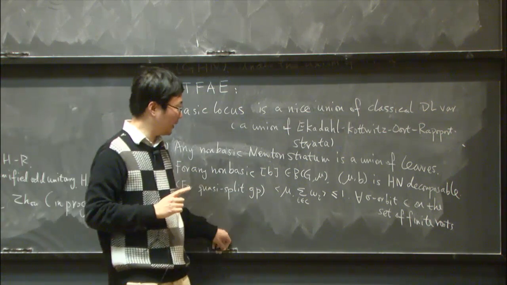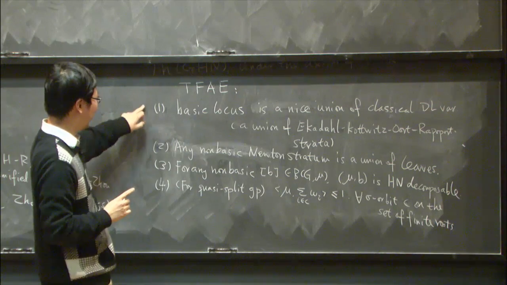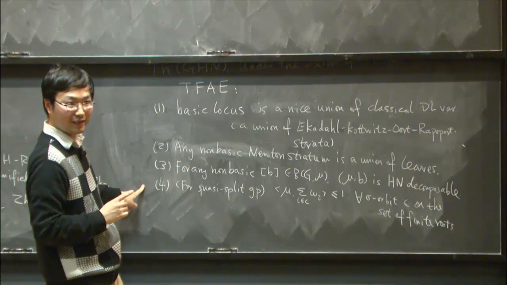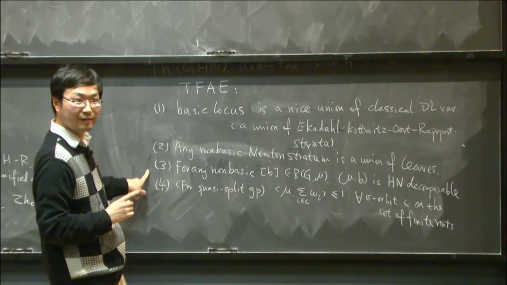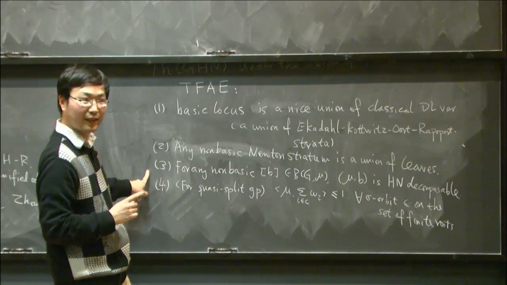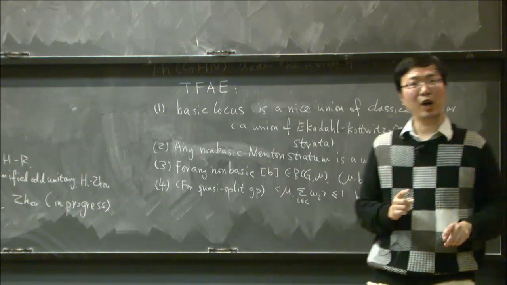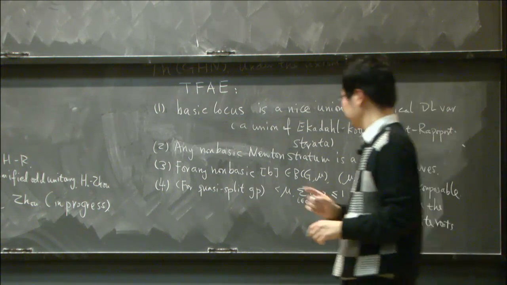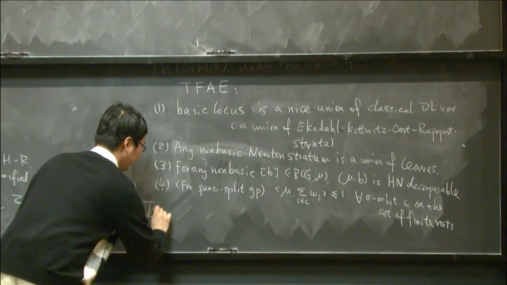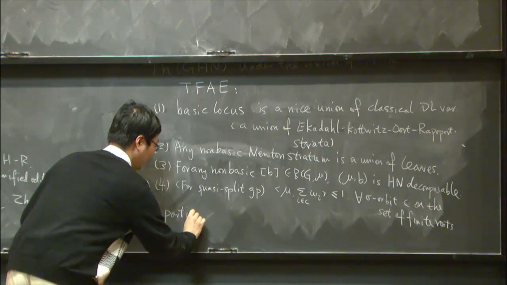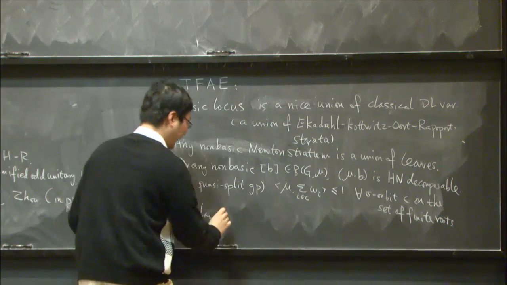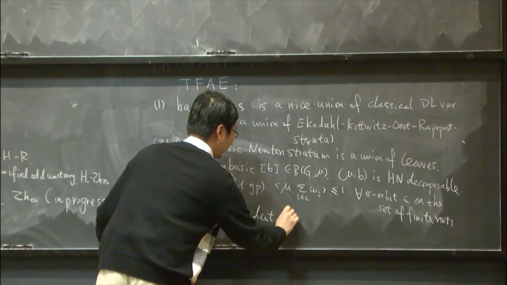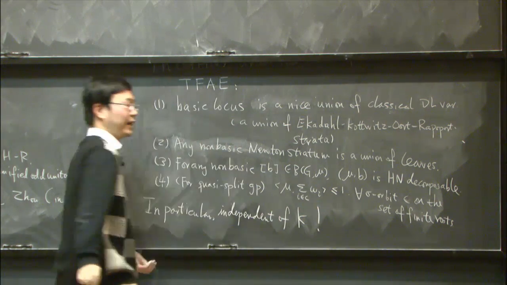I should also point out that although these first two conditions depend on K, if you look at the third and fourth conditions, there's no K. So in fact, this condition is independent of the parahoric subgroup, the parahoric level structure you choose. In particular, this is independent of K.